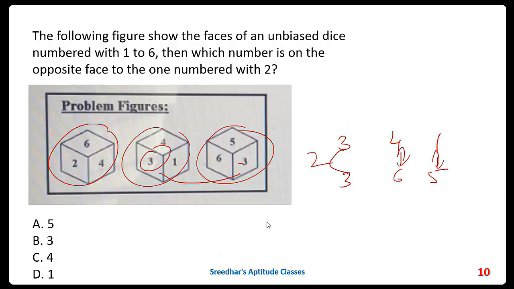When I take 2 and 3, I'm getting a different answer. When I take 1 and 3, I'm getting a different answer. It seems the question is incorrect, or maybe I am wrong, I'm not sure. Okay, so we'll exclude this question.